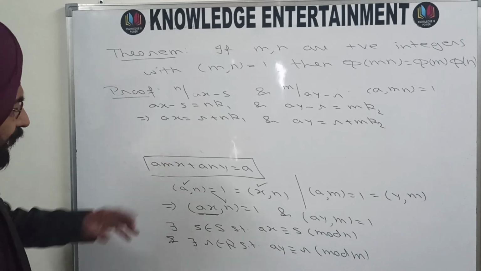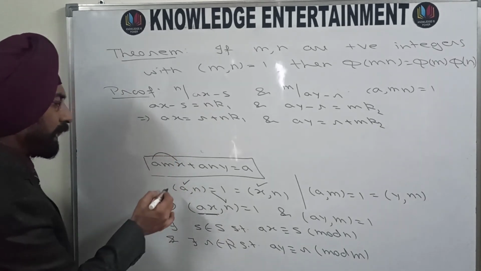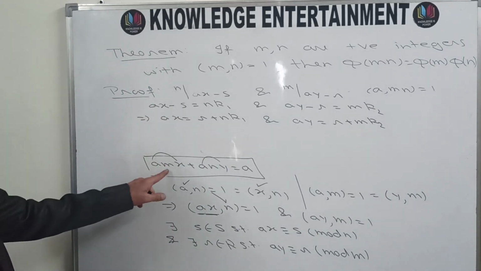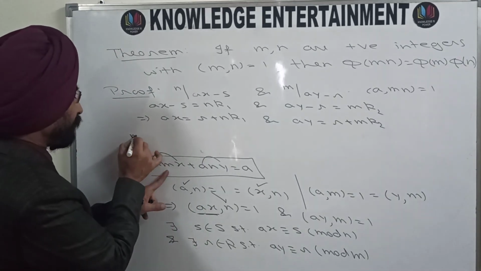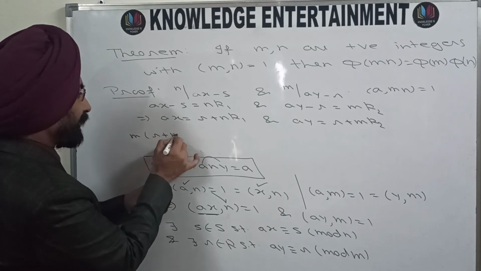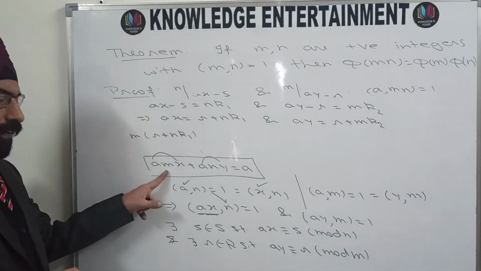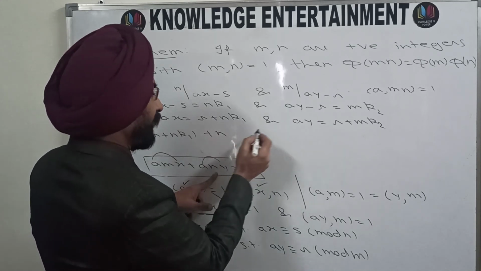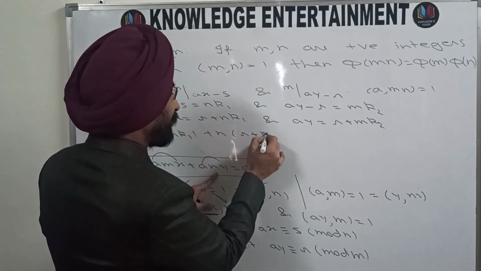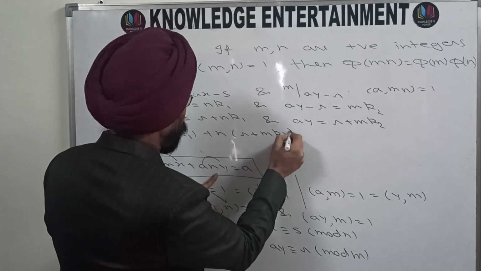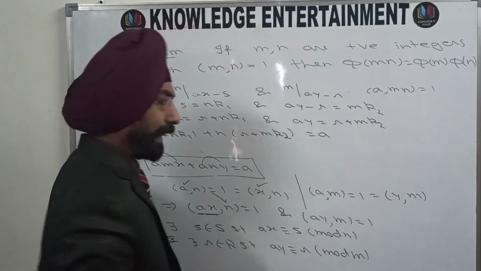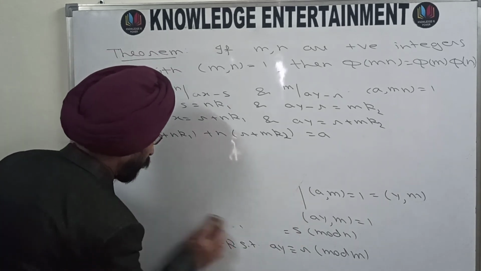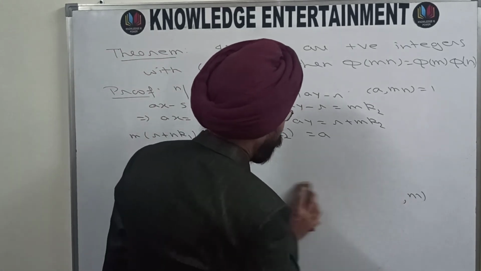Now this ax I am going to substitute here, and this ay I am going to substitute here. So what you will get: m times (s plus nk1), the value of ax, plus n times the value of ay, (r plus mk2), is equal to a. Now just simple calculation.